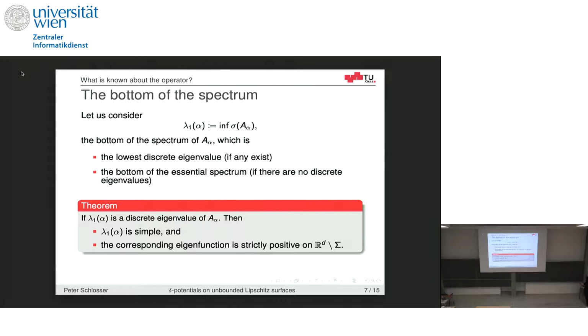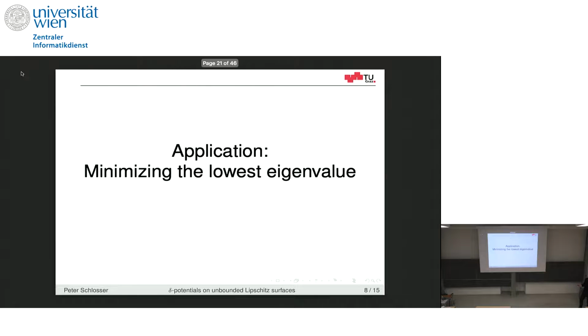It should be a generally known fact that the lowest eigenvalue is simple and has a positive eigenfunction. Okay, so this was all the general part. These are general features of this self-adjoint operator for the delta potential.